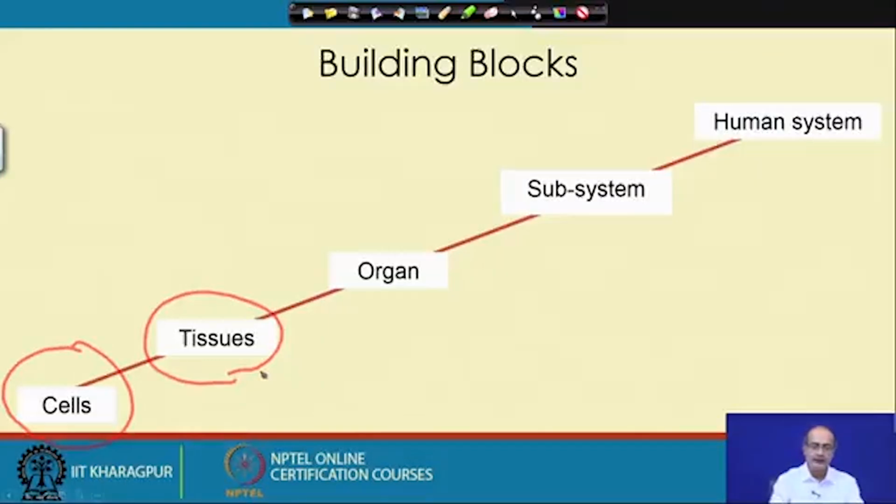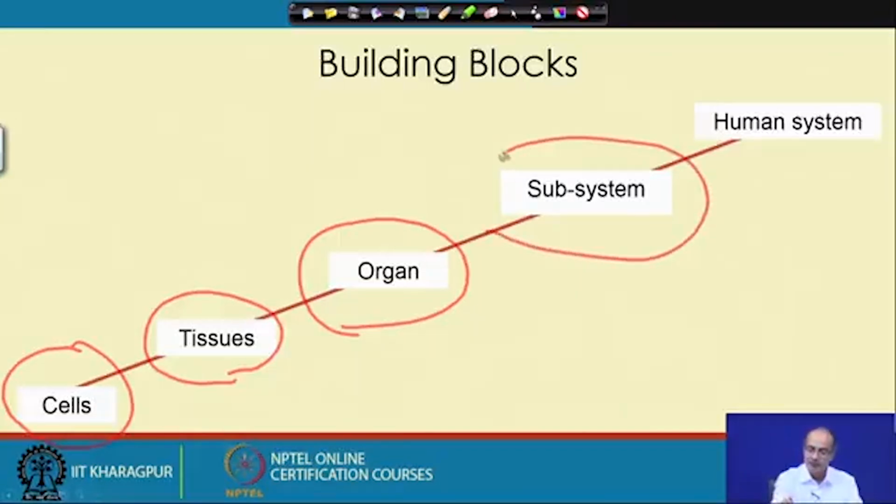Then multiple tissues, that means two or more tissues, give rise to one functional unit called an organ. For example, the kidney, or the pump in the body, the heart. Multiple organs together give rise to one subsystem, like the digestive system and nervous system we covered in the previous talk.